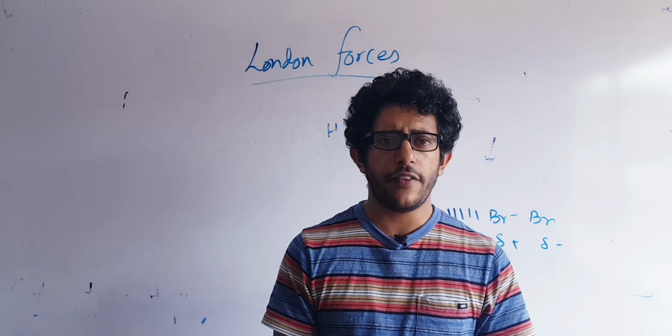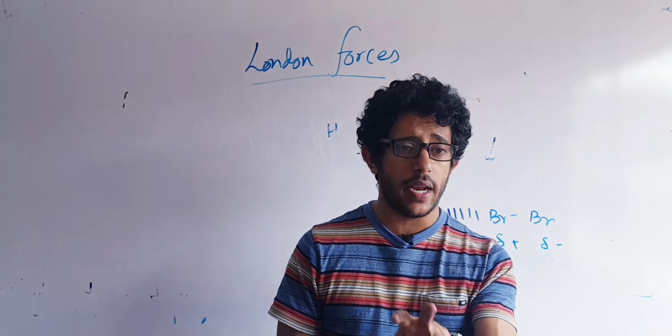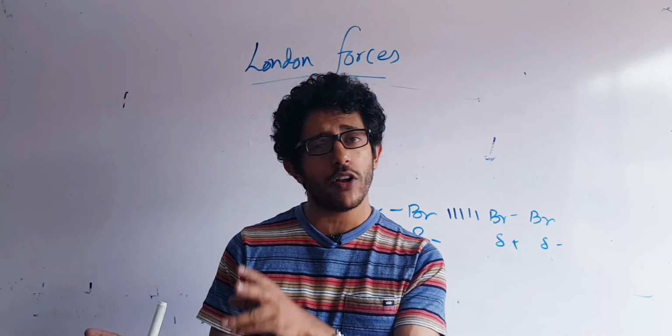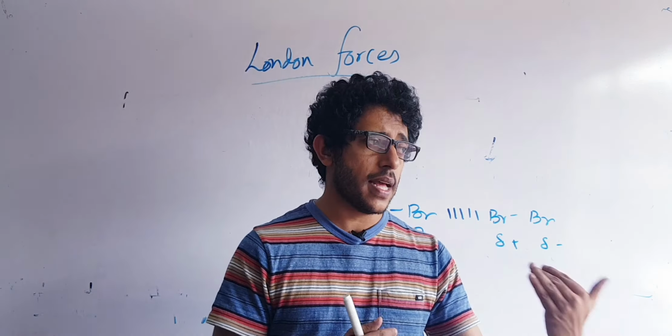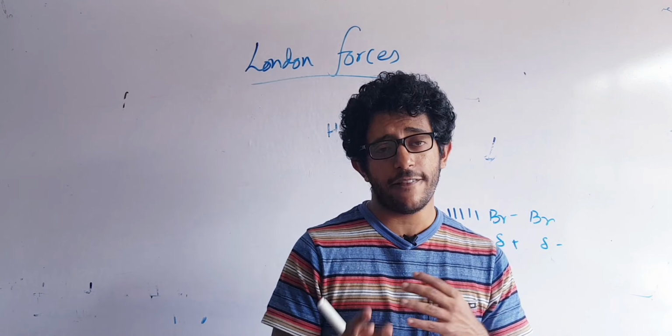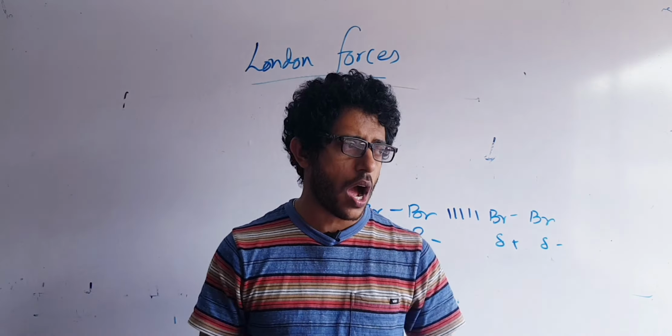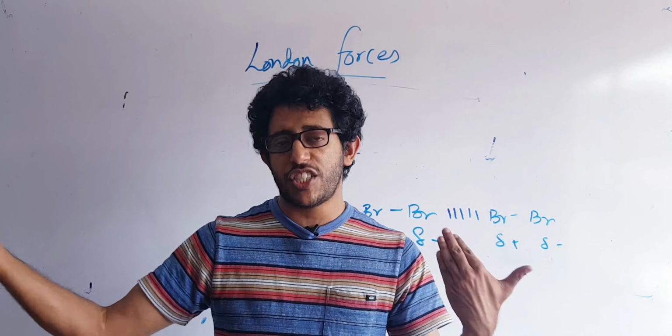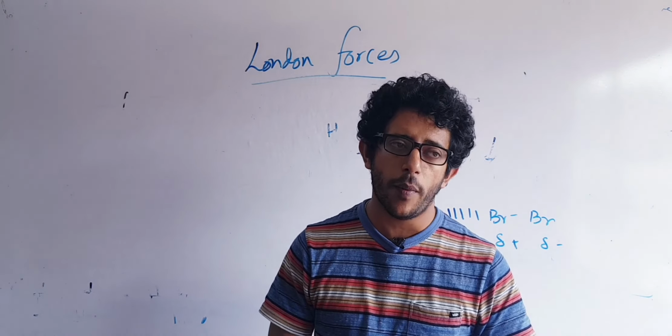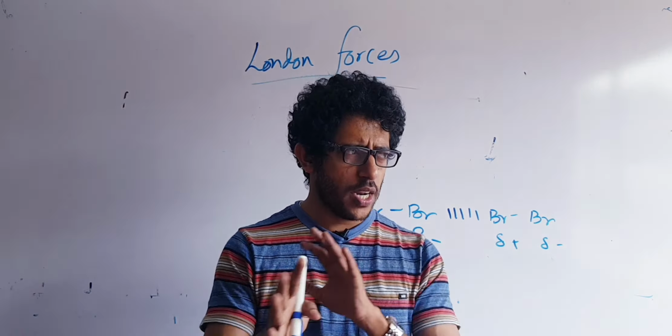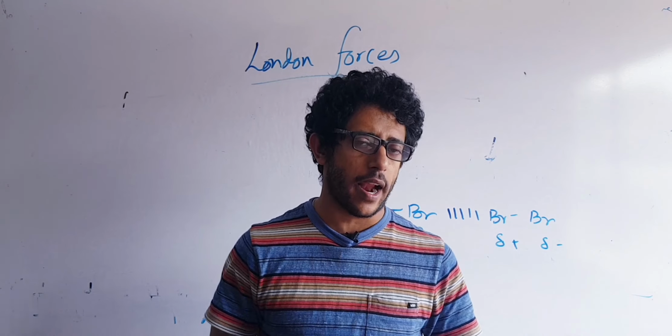Then London forces are present not only in nonpolar molecules but also in polar molecules, as I told earlier. Other than that, we can find them in monoatomic elements like helium, neon, argon, or in carbon chains, alkanes and alkenes. Usually the carbon chain contains London forces.